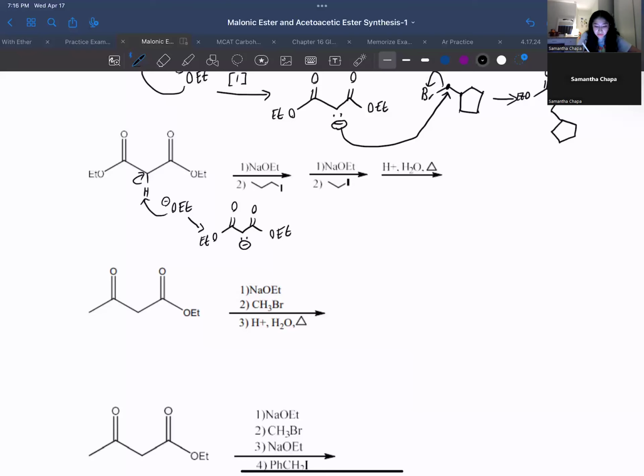This enolate is then reacted with an alkyl halide. And so my nucleophile, the negatively charged carbon, is going to go ahead and attack my electrophile, and the leaving group will leave. So right now, after this first step, this is what we get.